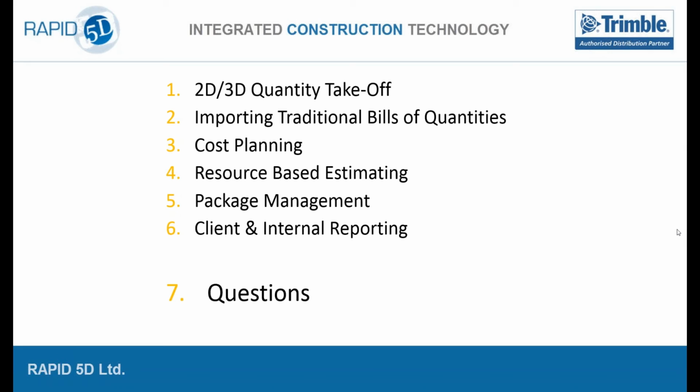Can I use Vico with other classification systems, SMM7, RMM? Yes. From either the import function or just generally, you can have your reference projects set up in any format you like, RMM obviously being quite close to NRM. We tend to say you use NRM as a basis because that makes long-term BIM benchmarking and reuse of data as simple as possible.